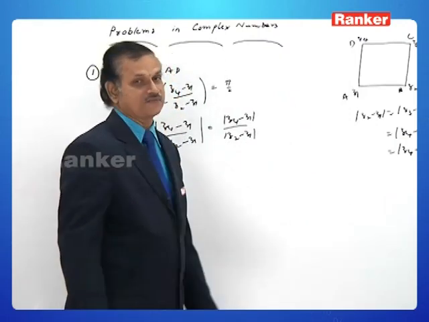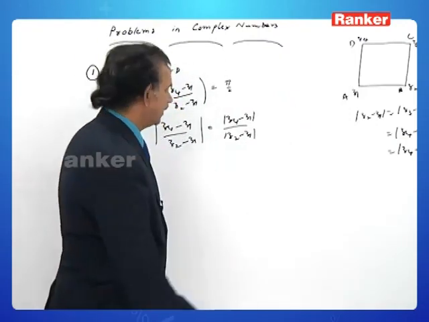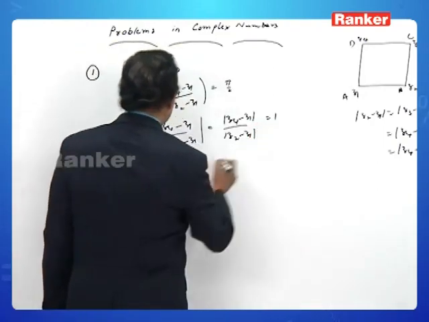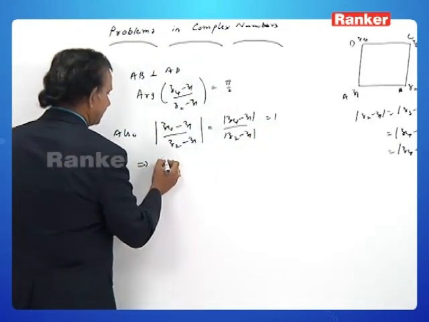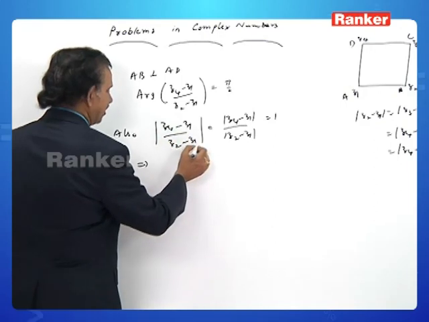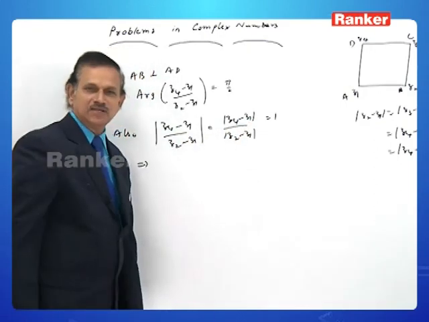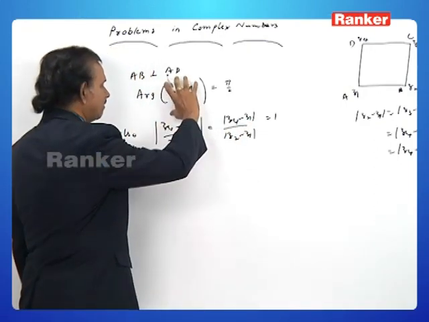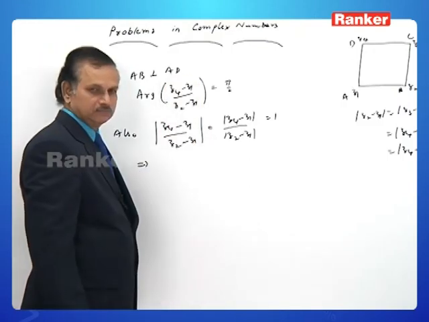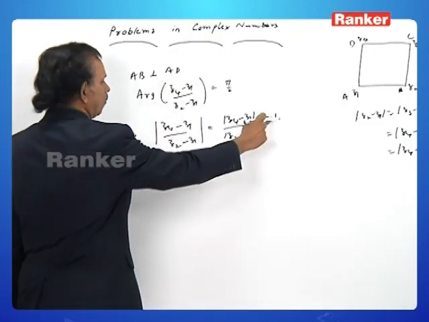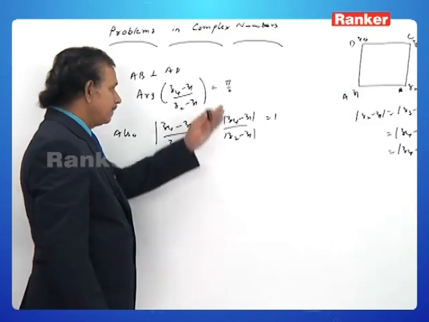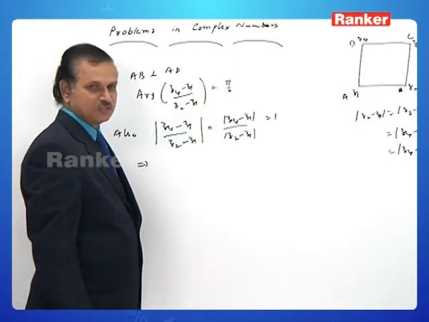As they are the vertices of a square, those two sides are equal. Hence, this is 1. Let me call this entire complex number, say Z. Modulus of Z is 1 and amplitude of Z, that is argument of Z, is pi by 2.